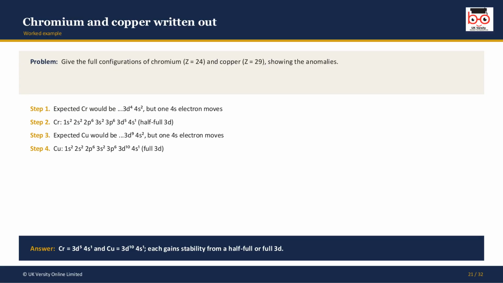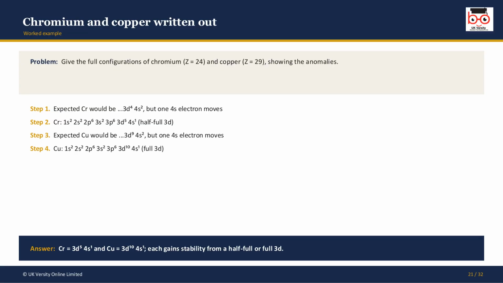For chromium, atomic number 24, you'd expect it to end 3d4, 4s2, but one 4s electron moves across, giving chromium as 1s2, 2s2, 2p6, 3s2, 3p6, 3d5, 4s1 with a stable half-full d.